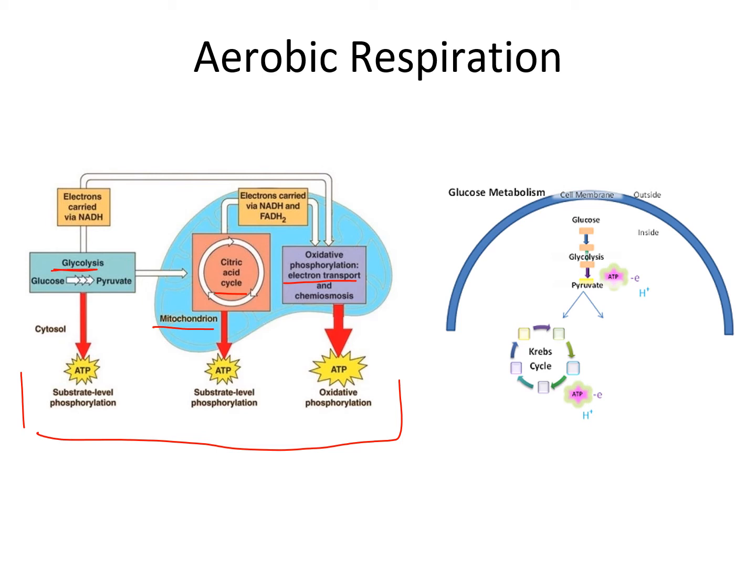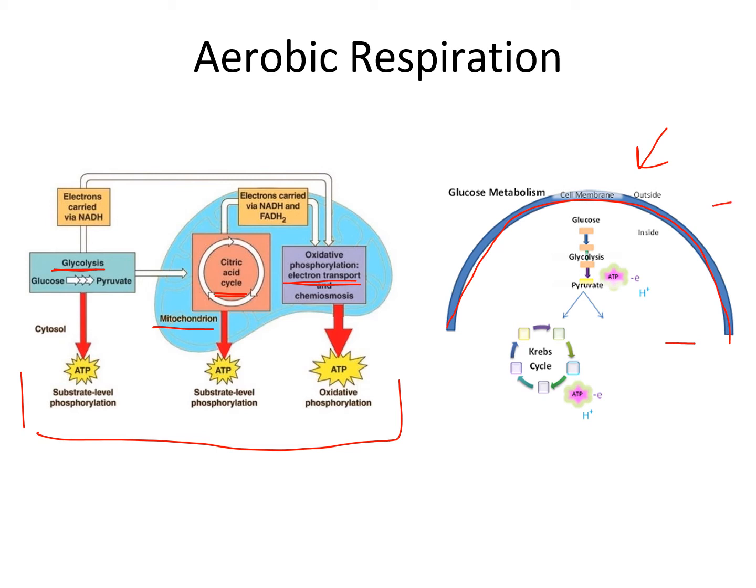So glycolysis would have occurred in the cytoplasm, and then the citric acid cycle and the electron transport chain were in the mitochondria. This process can also occur in bacteria. So this is a diagram of a bacterial cell, and this blue is the cell membrane, and this would be the inside of the cell, and this is the outside of the cell.